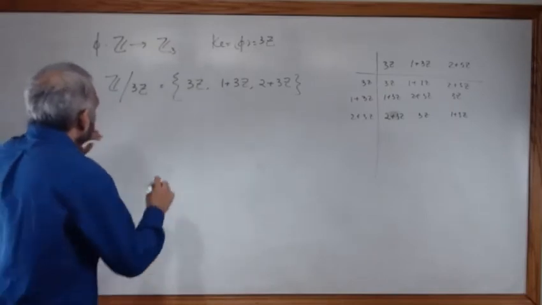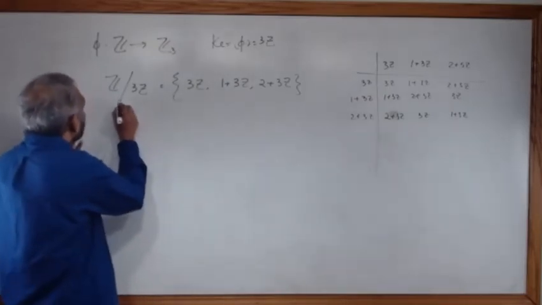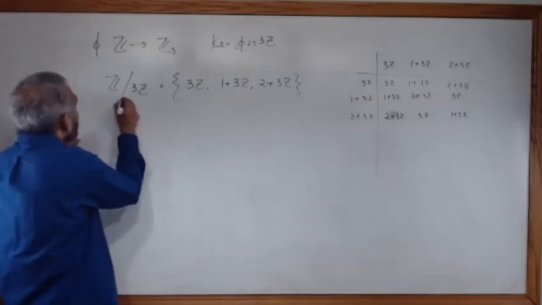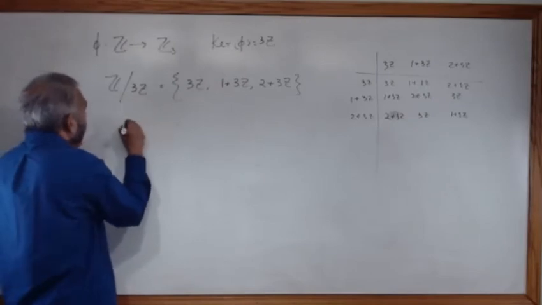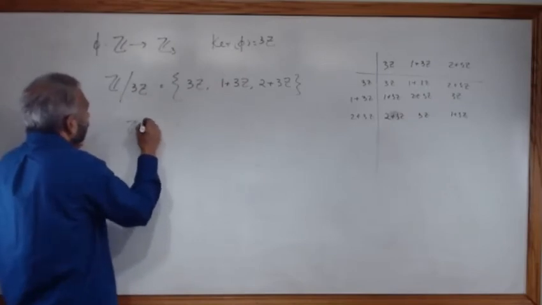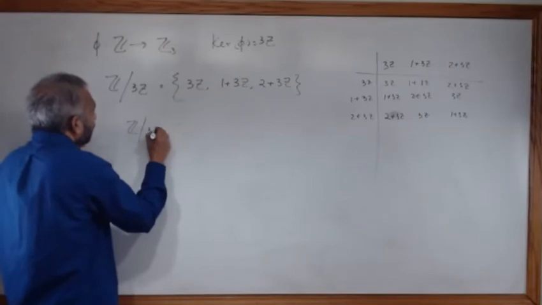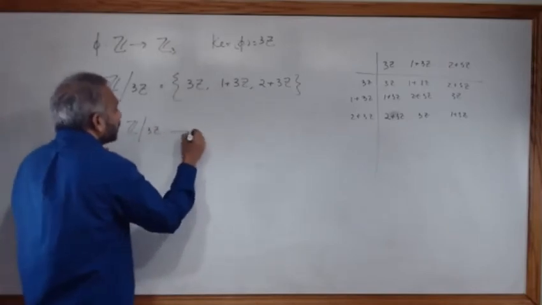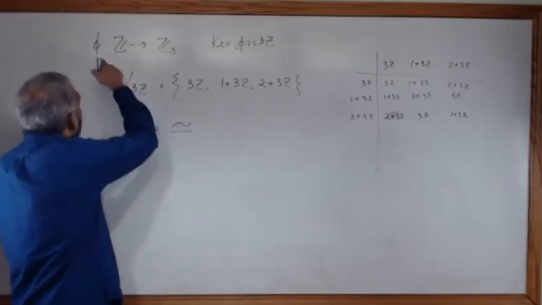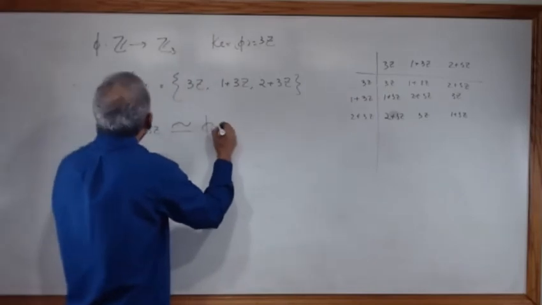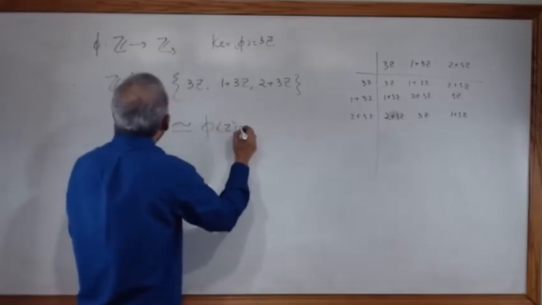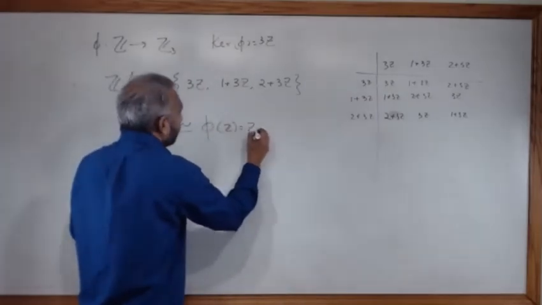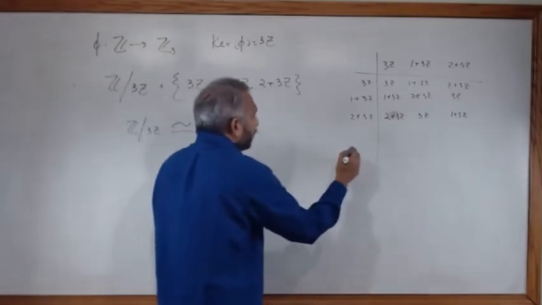And what we need to note here is this factor group is isomorphic to phi of Z, and that is equal to Z3. And what is Z3?